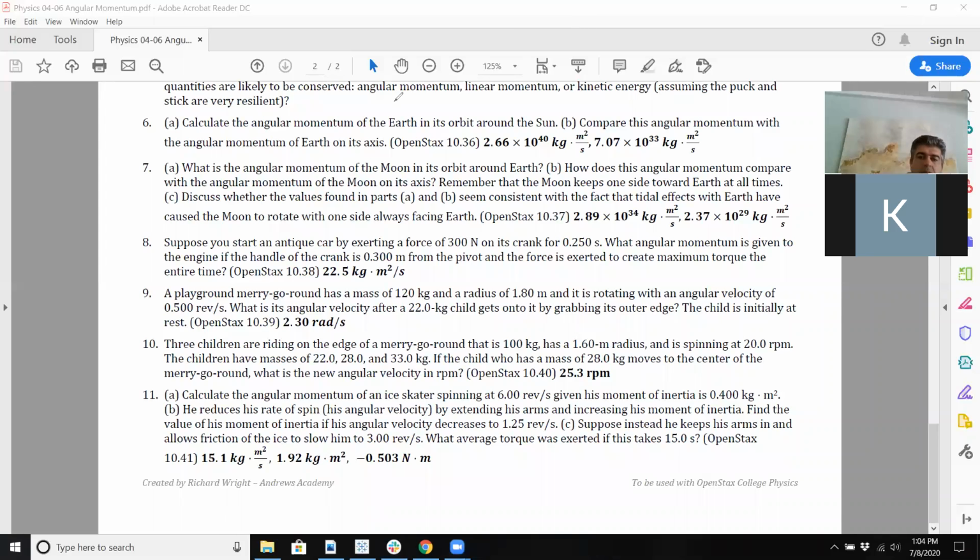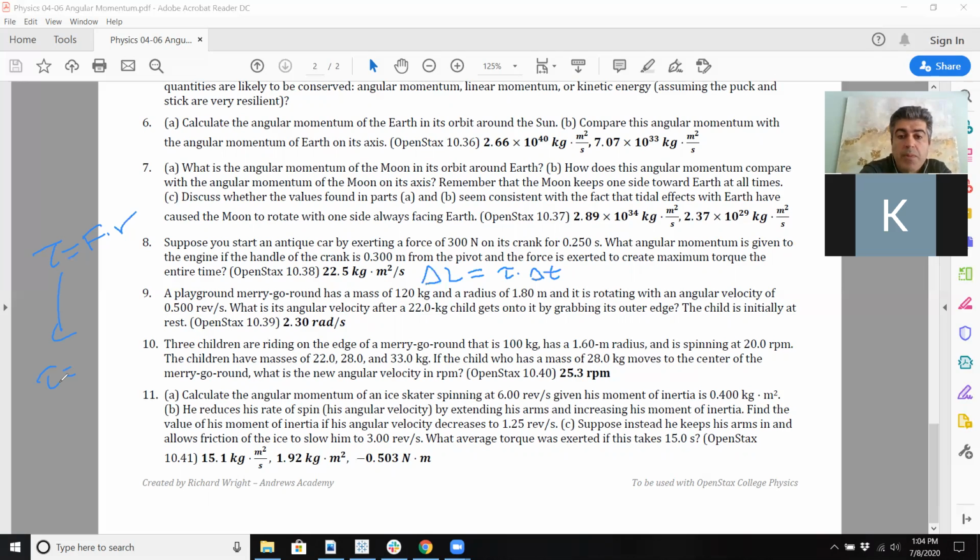Remember, it's kind of like impulse in a way, where your change in angular momentum is going to be your torque times your change in time. Remember, torque is your force times your radius, and our force is 300 newtons, our radius is 0.3.